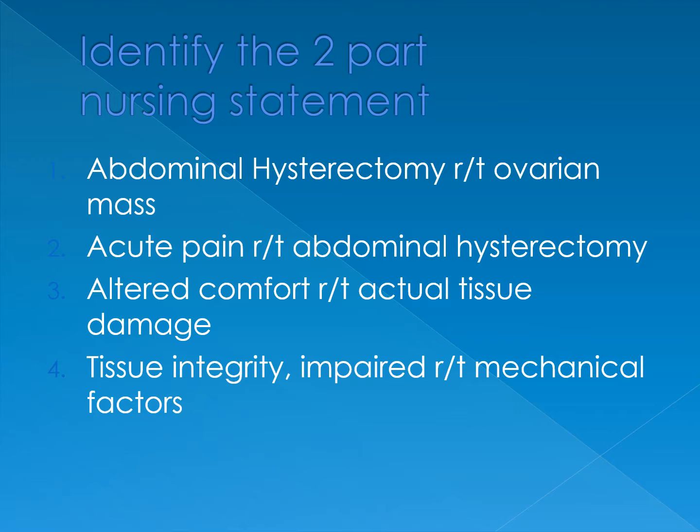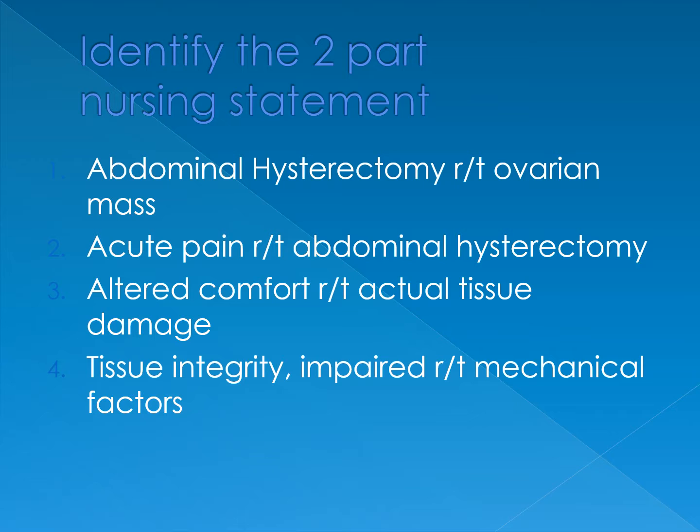And then I'm going to go back and look at this particular one and see if related to is correct. Now, it looks correct as far as saying related to mechanical factors. Well, certainly my tissue could get impaired because of mechanical factors, shearing and things like that.